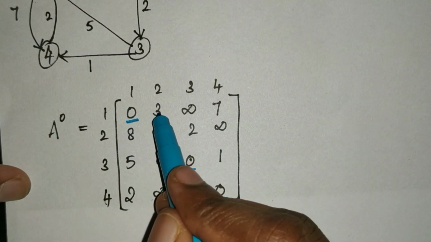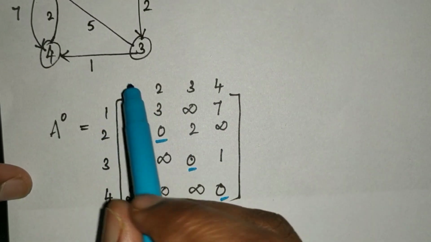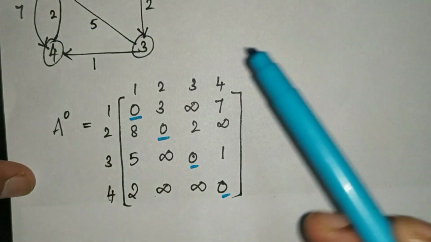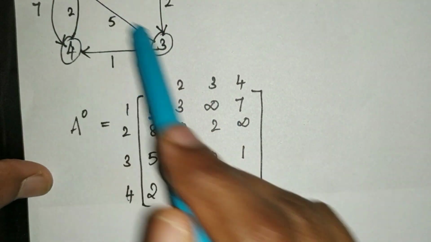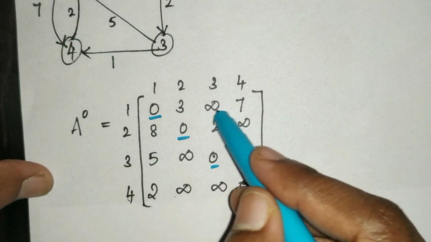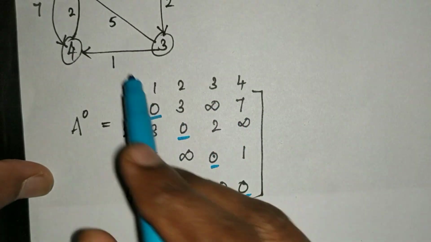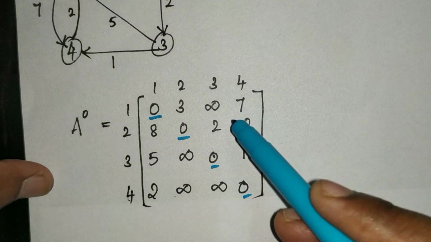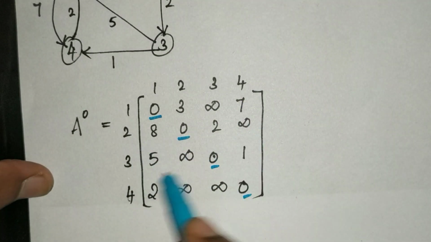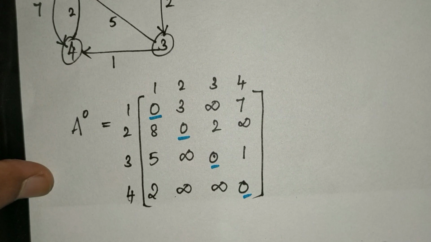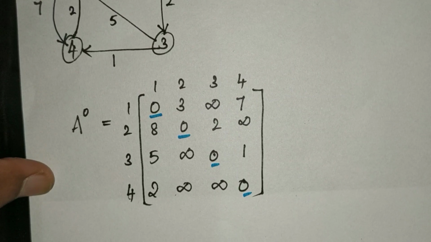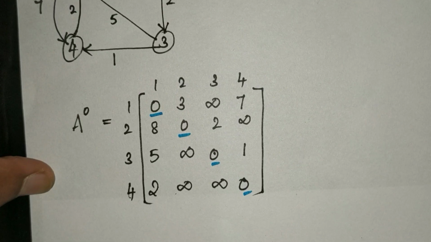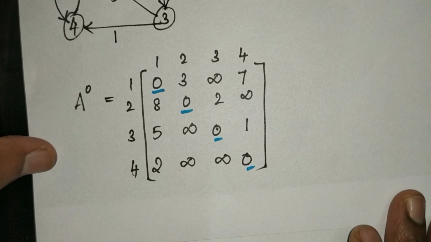And for the remaining edges, from 1 to 2 the cost is 3, and from 1 to 3 there is no direct edge, so here we have updated it with infinity. And similarly 1 to 4 we have the cost as 7. So like this we have filled this particular distance matrix. Using this we are going to now create a few more matrices that will help us to find the shortest path between every pair of vertices.